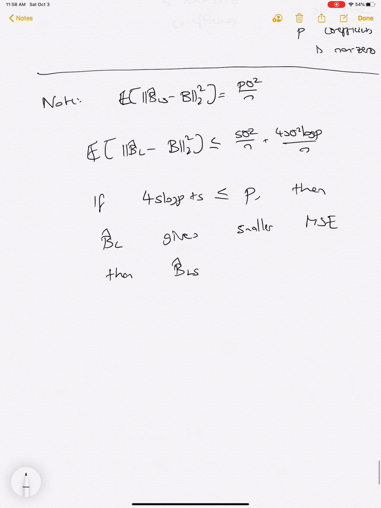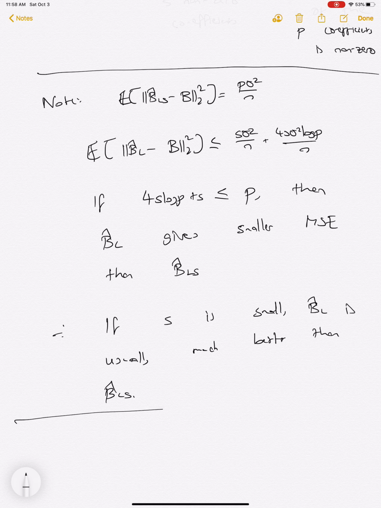So if s is small, B hat L is usually much better than B hat LS.